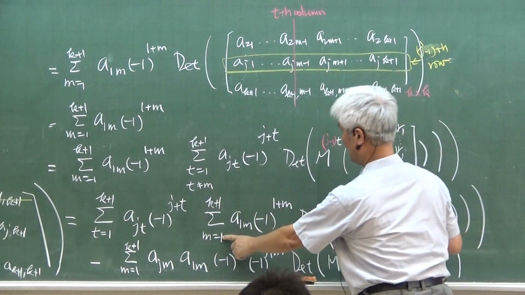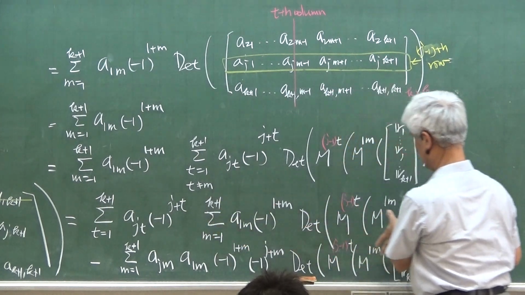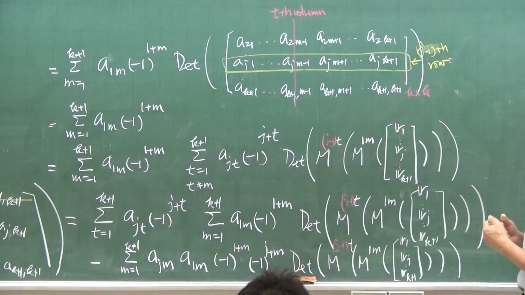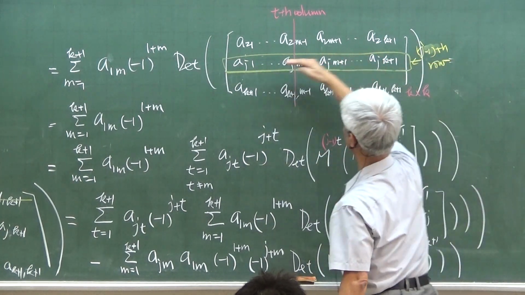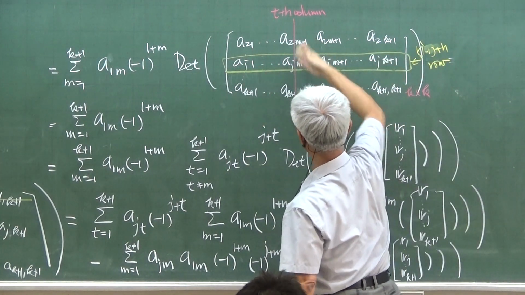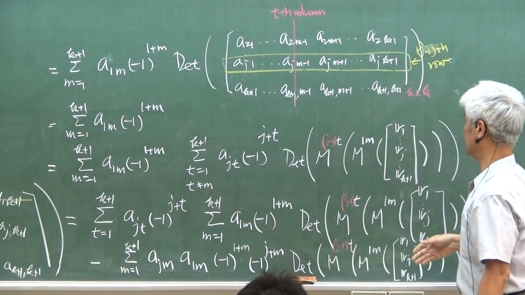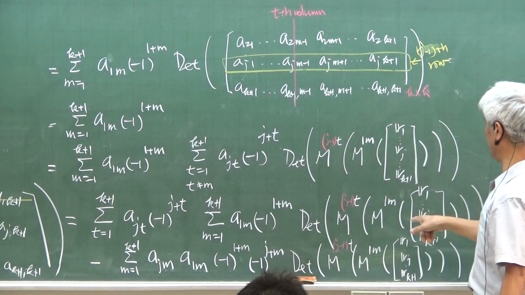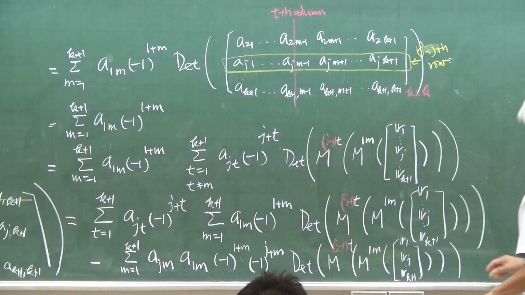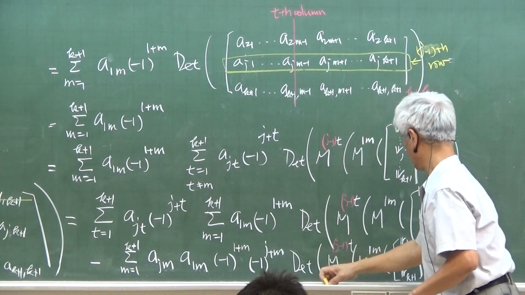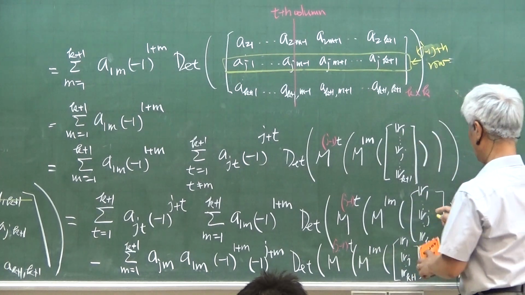Because we have k plus 1 entries. But what we need is only when we remove them. And this column, we want to do something here.